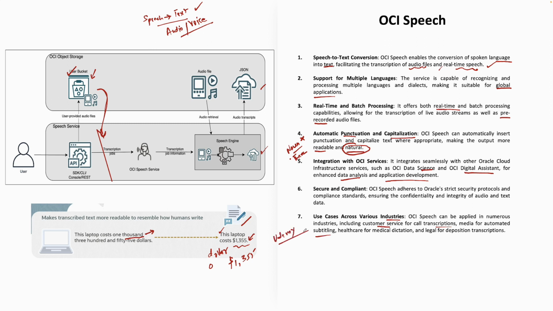When I'm speaking, it is able to generate captions. So if you're not a native English speaker or you can't read English easily, then you can see your captions or subtitles come as I'm speaking. It can also be used in healthcare for medical dictation, as I gave you a perfect example when I went to a doctor, and for legal purposes for deposition transcription. So mainly transcription, where you're converting speech to text.